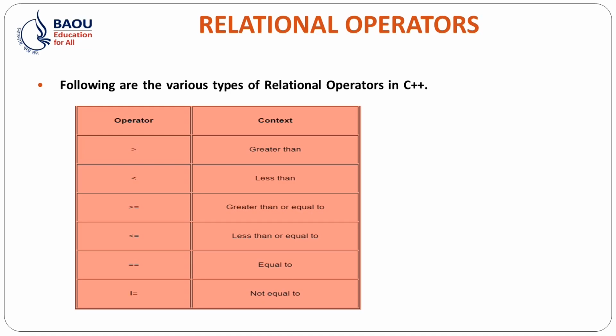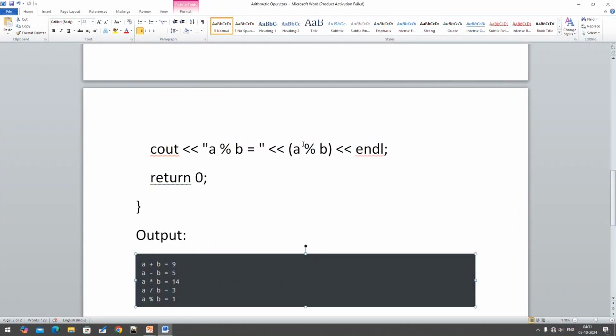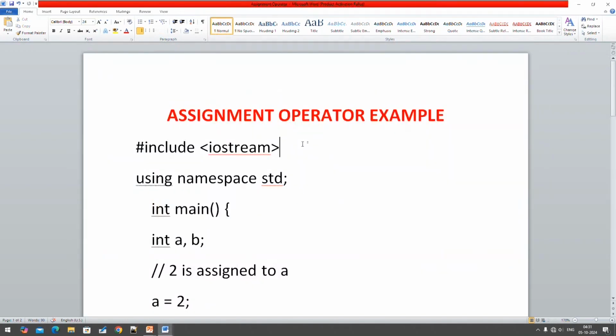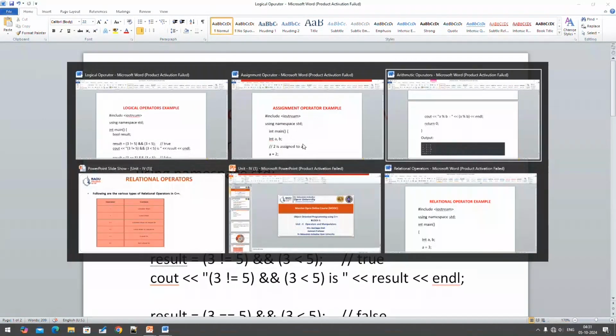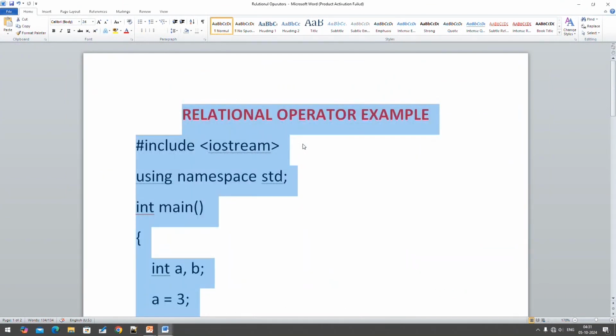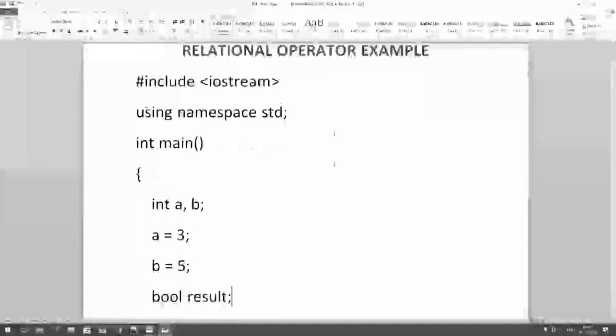Now let's see one simple example of relational operators in C++. Relational operator example. First I have included iostream. After that I have using namespace std.